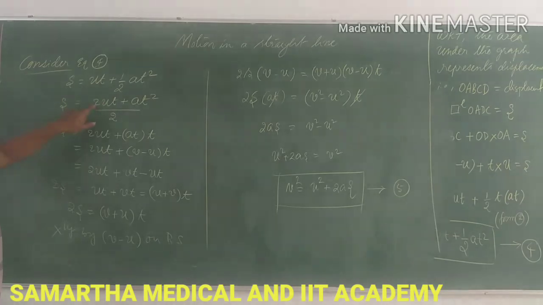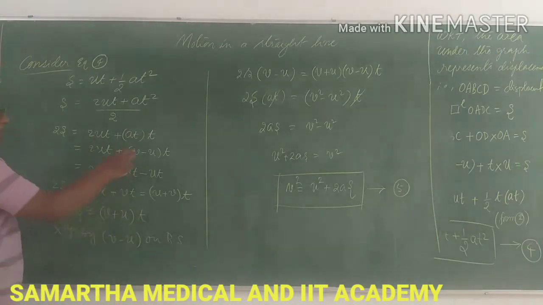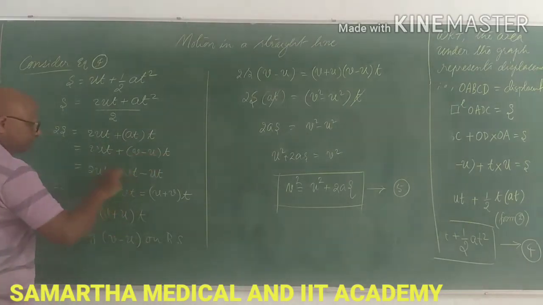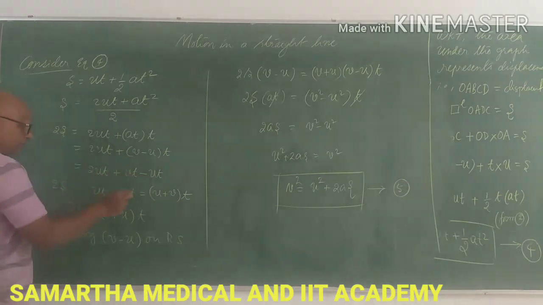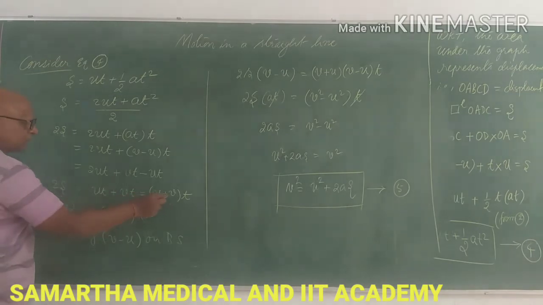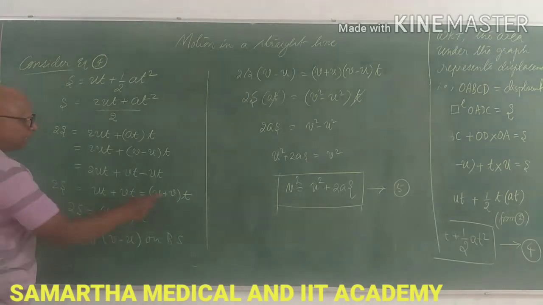Let's take the LCM: 2UT plus AT square by 2. Multiply 2 with this: 2S is equal to 2UT plus AT square. We will write AT into T. What is AT into T? V minus U into T. We know it already. Expand it: 2UT minus UT is UT plus VT. UT plus VT is equal to U plus V into T. You can also write it as V plus U into T. No problem. 2S is equal to V plus U into T.